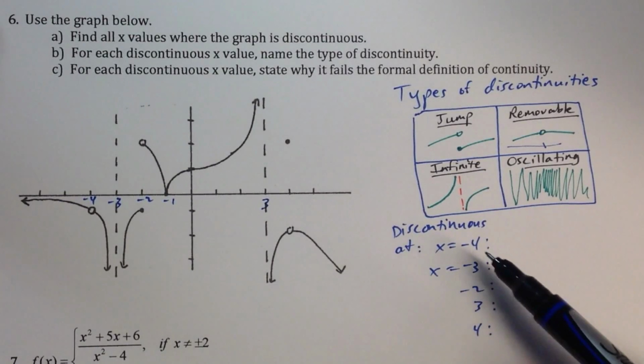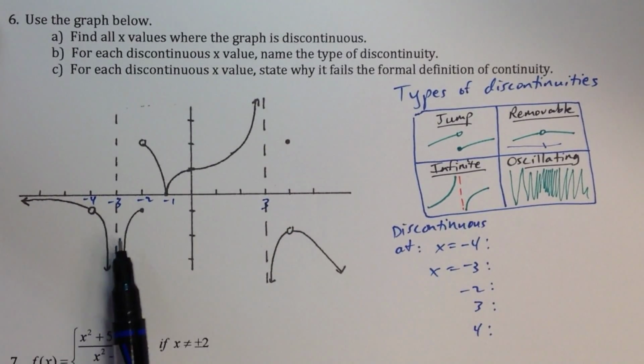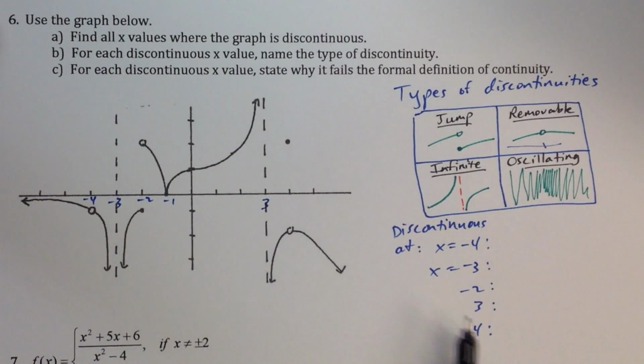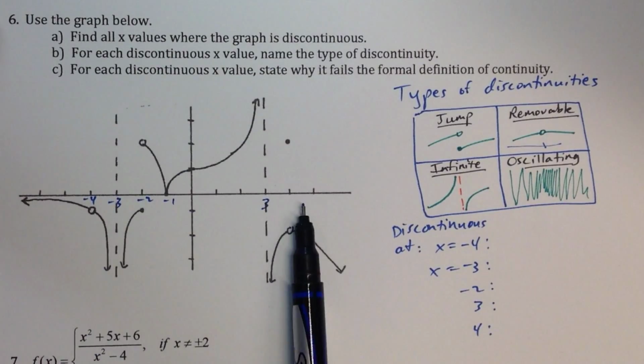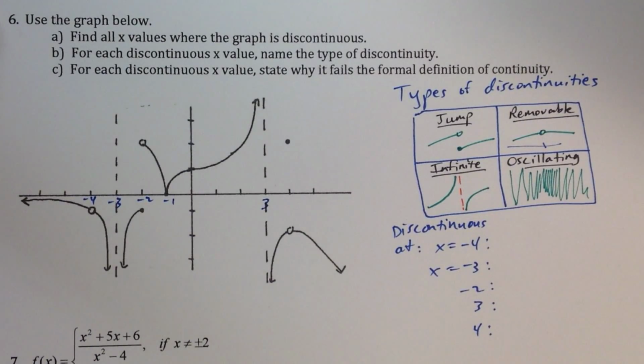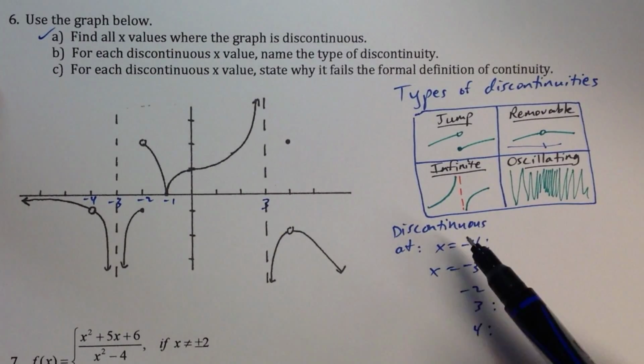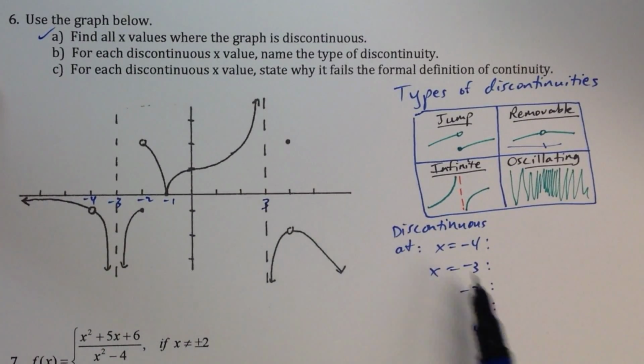And so I indicated that here at -4, -3, -2, 3, and then again at 4. We have 5 spots along the way where we have discontinuities, and this graph is great because it gives us all different types of discontinuities. So we can check off part A because we indicated where we have discontinuities here.